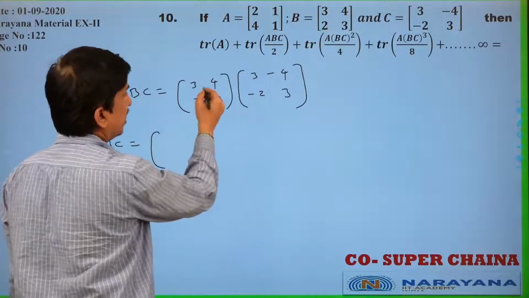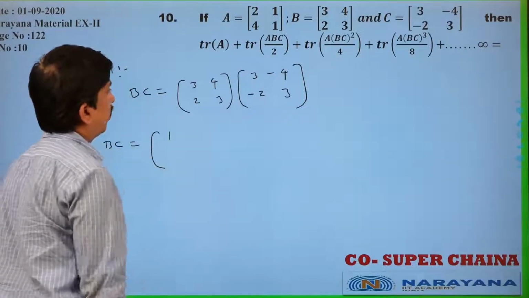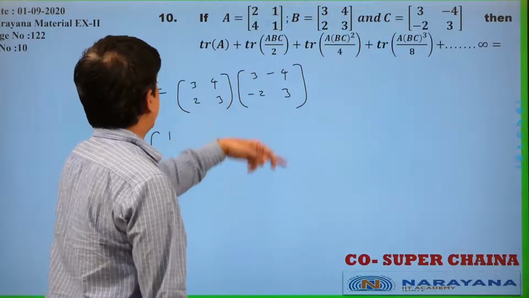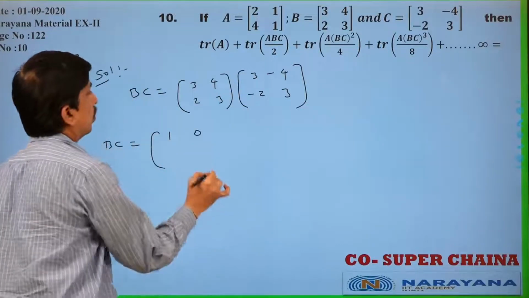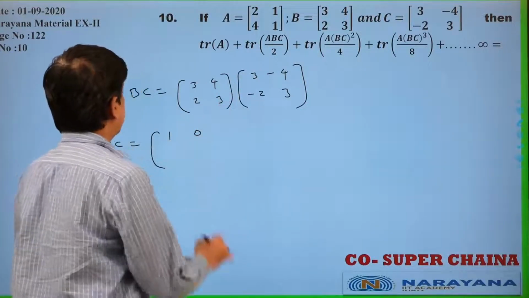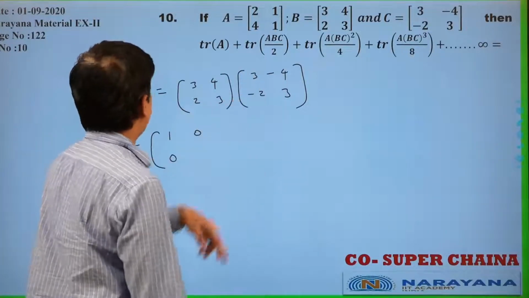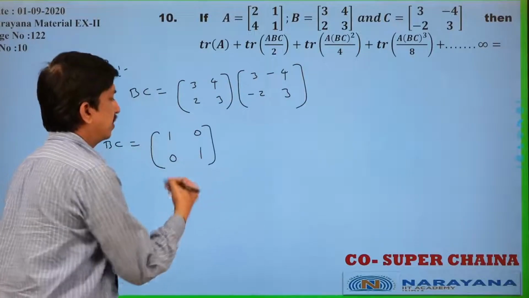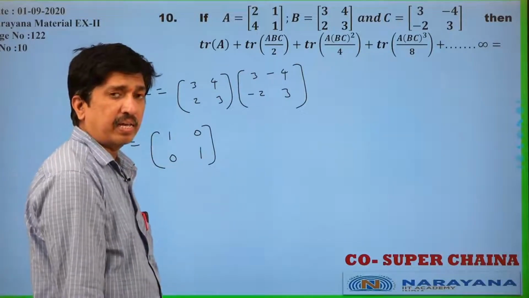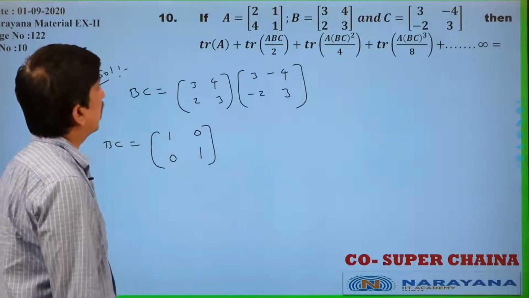Shall I write directly? 9 minus 8 you will get 1. Minus 12 plus 12, that will become 0. This 6 minus 6 will become 0. This is minus 8 plus 9, again 1. This is the identity matrix, we got I: 1 0 0 1.